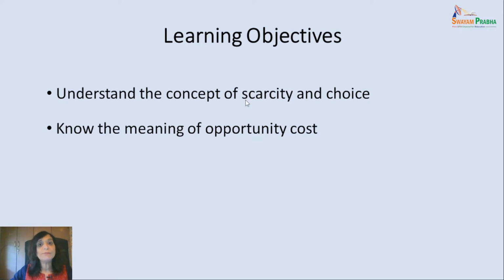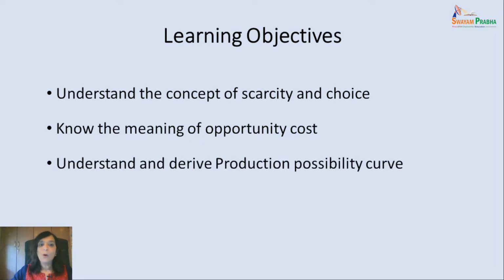That is, what do we mean by scarcity and what is actually choice? After that, we'll know the meaning of opportunity cost. Also, we will understand and derive the production possibility curve. So let us start with today's lecture, keeping these learning objectives in mind.